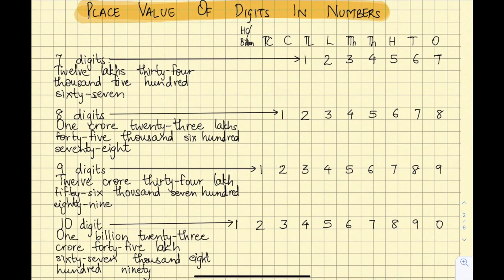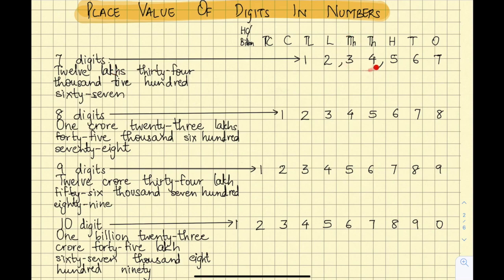Now we move to some more such numbers. Place value of digits in numbers. So now we are writing a 7-digit number. So the digits are 1, 2, 3, 4, 5, 6 and 7. Let us place commas here as per Indian numeration system. Ones, tens, hundreds, 1,000, 10,000, lakh and 10 lakh. So here we can see that in place of lakhs we have 1, 2, which is 12, so 12 lakhs.